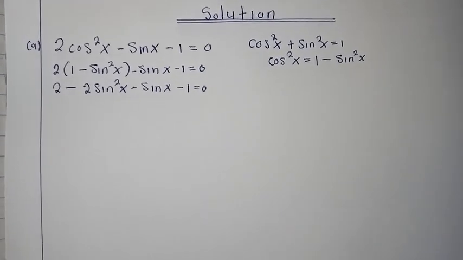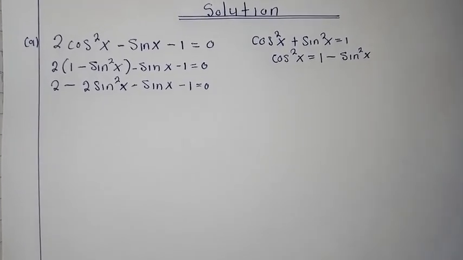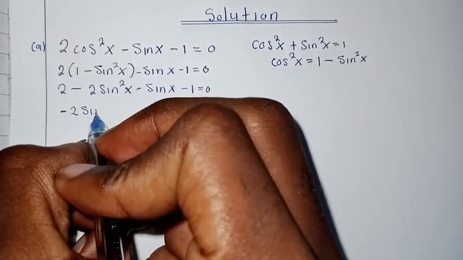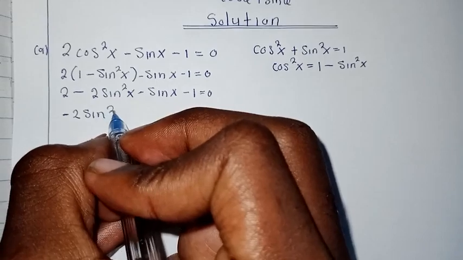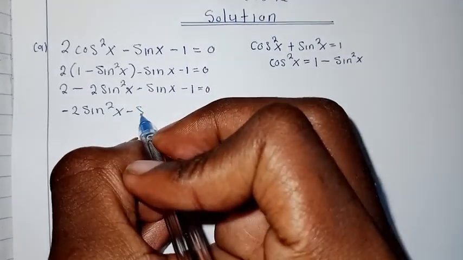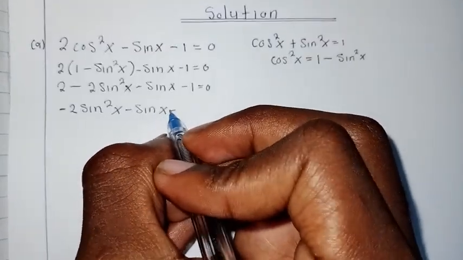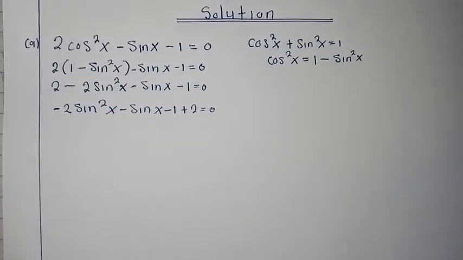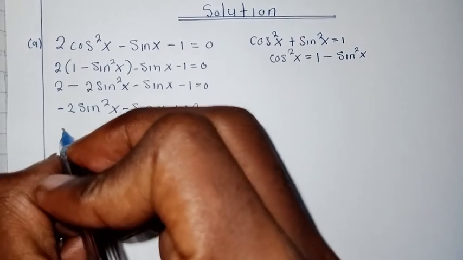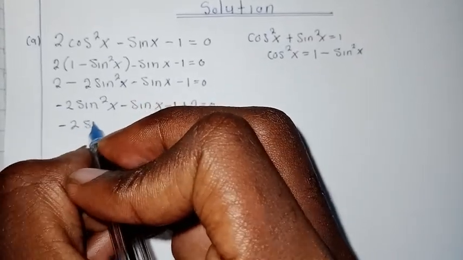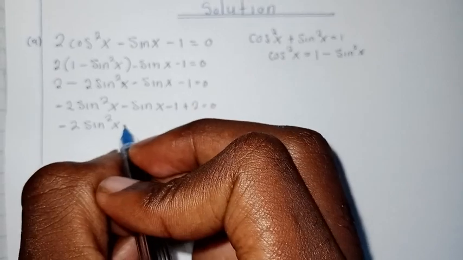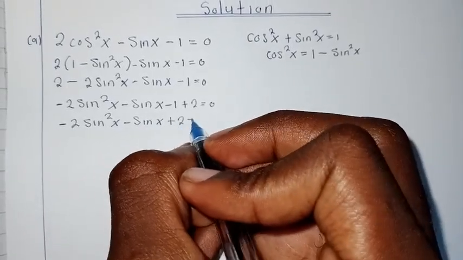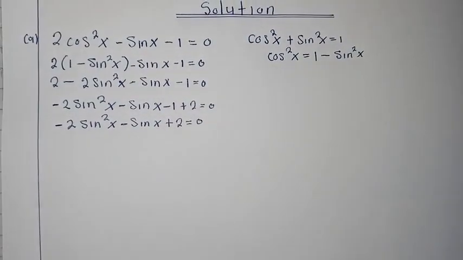From here, this is just the same as negative 2 sine squared x minus sine x minus 1 plus 2 equal to 0. Then this is just the same as negative 2 sine squared x minus sine x plus 2 equal to 0, right?